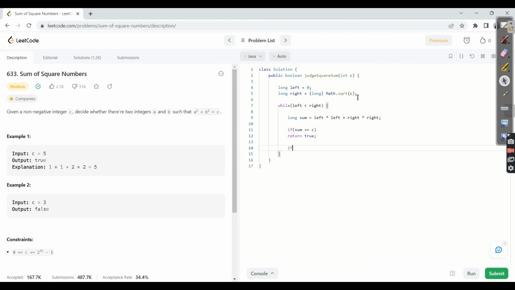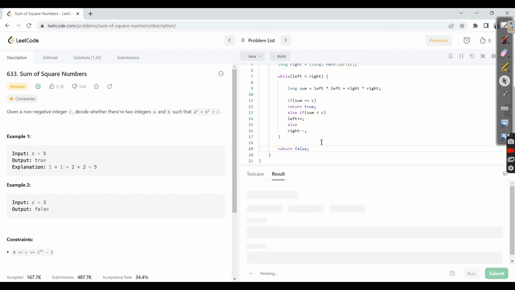Otherwise, else if the sum which we got is less than c, in that case you need to increment the left, right? Else you need to decrement the right. At the end return false, that means you did not find any pair.